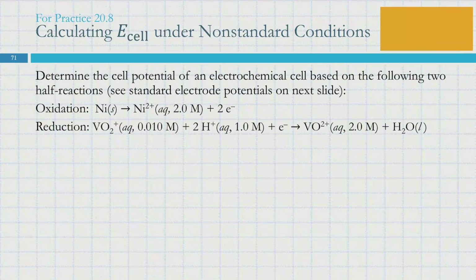All right, let's get that equation written in here. E equals E naught minus this. There's our Nernst equation without the cells.